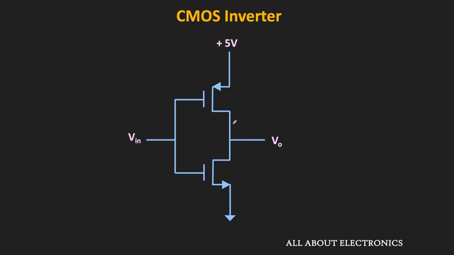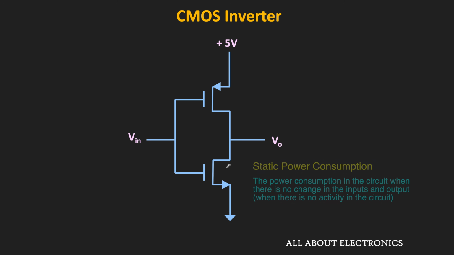So this PMOS transistor is used as a pull up network, while this NMOS transistor is used as a pull down network. And because of this configuration, we will get the full voltage swing for the logic 1 as well as the logic 0. Or in other words, we will get the higher noise margin.